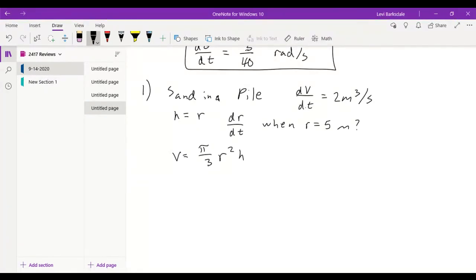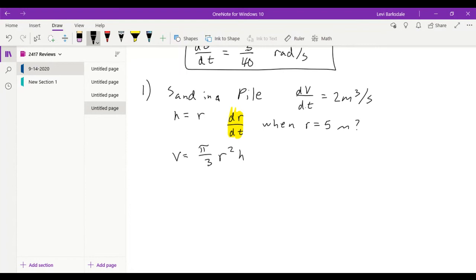So our first step is we need to figure out what we're looking for. We're looking for dr over dt, change in radius with respect to time, when our radius is equal to 5. So the first thing I notice is h isn't necessarily a concern because we don't have a dh and we're not looking for a dh.